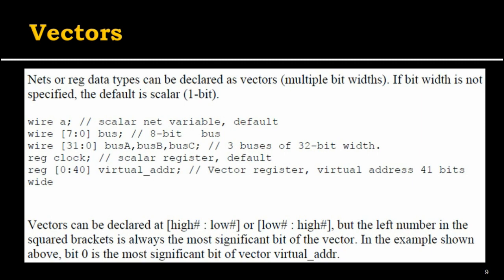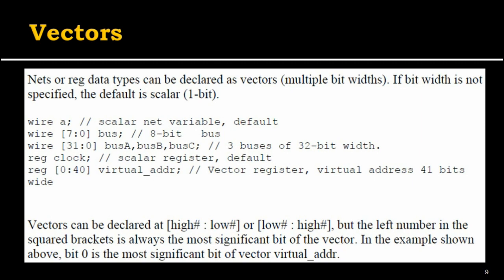So here the range can be declared either high to low or low to high, but the left number in the square bracket is always the most significant bit of the vector. So in wire [7:0], 7 is the MSB and 0 is the LSB.